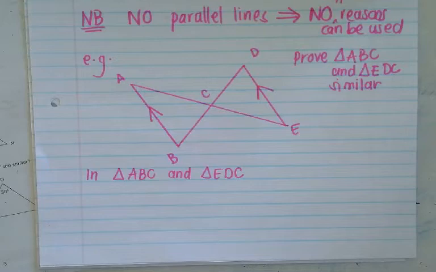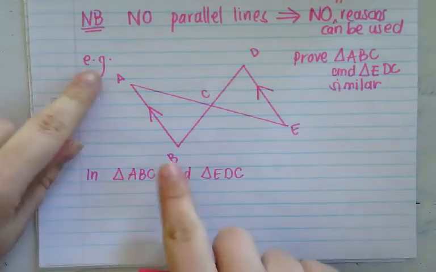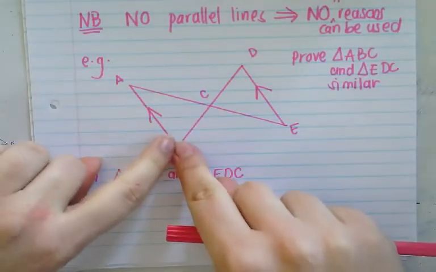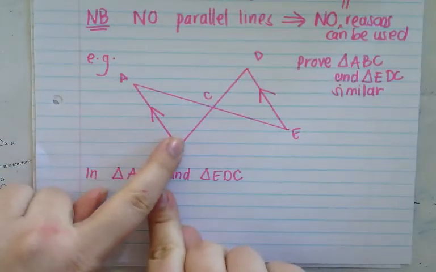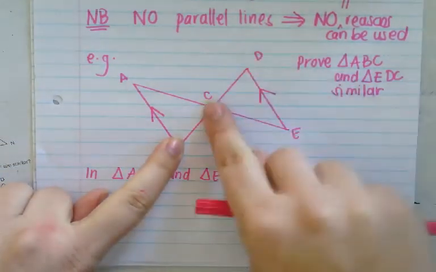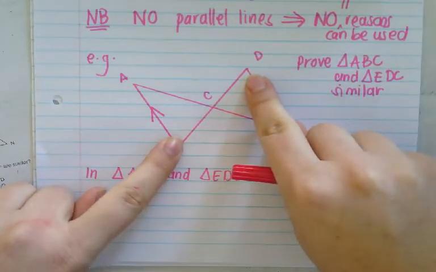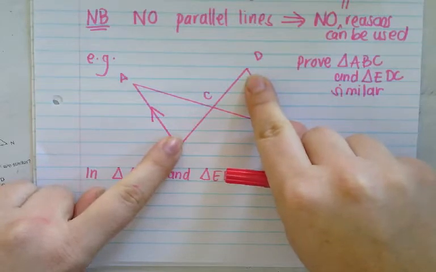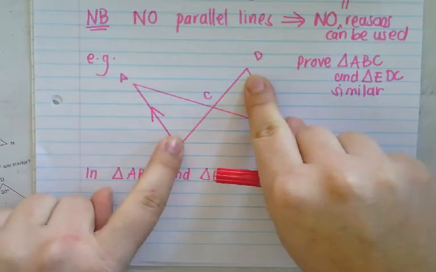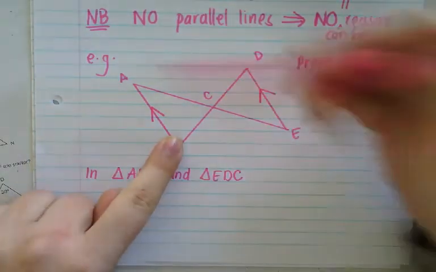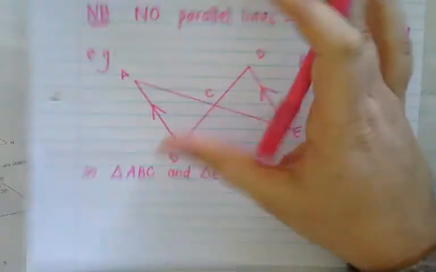Keenan? Angle ABC, this angle, is equal to angle EDC. What reason would you use? It's given. No, it's not given. Thank you, Leikona. It is alternating angles are equal, because there's my Z. I'll even highlight it for you.